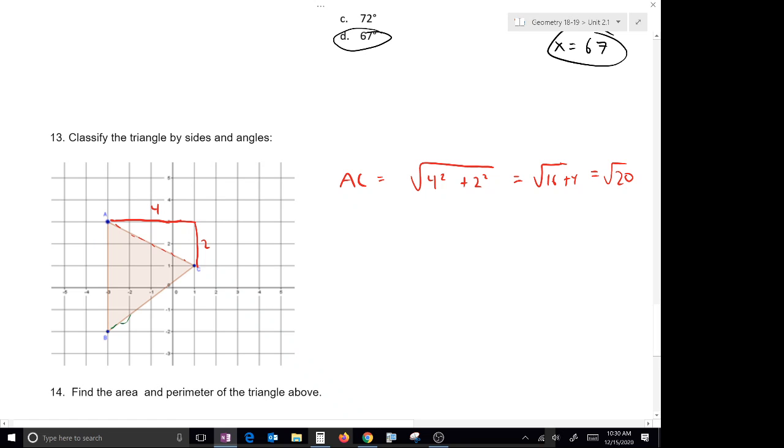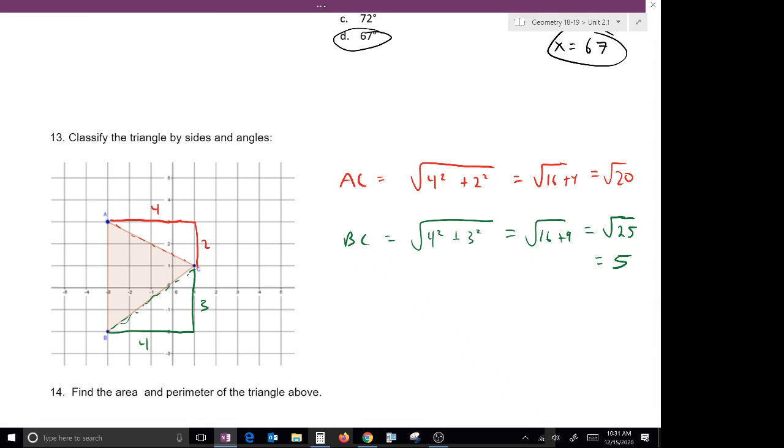Down here for BC, this is a 4 by 3, so that's going to be equal to the square root of 4 squared plus 3 squared, which equals the square root of 16 plus 9, which equals the square root of 25, which if we're clever, we should recognize is actually a whole number 5.